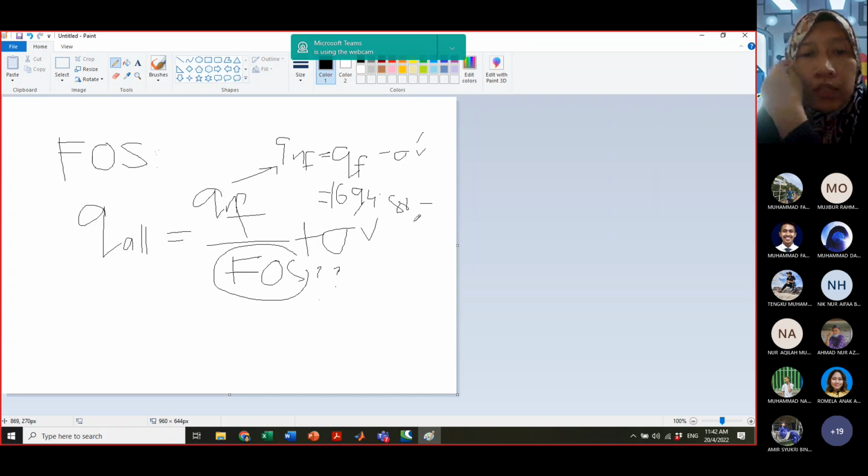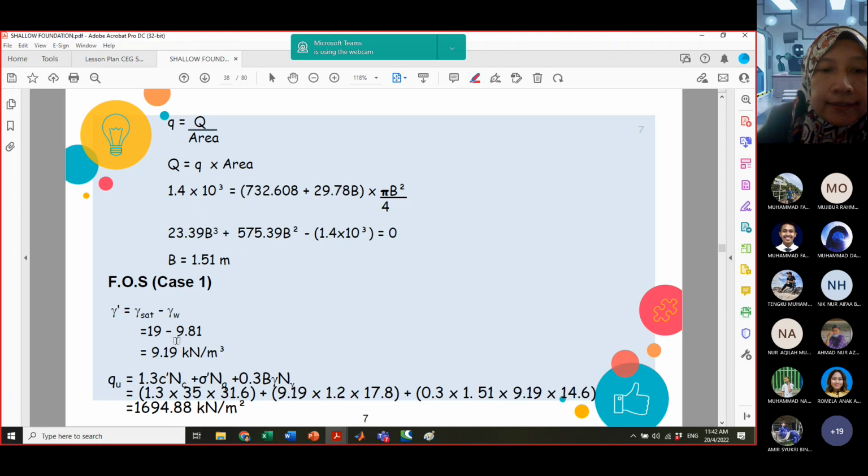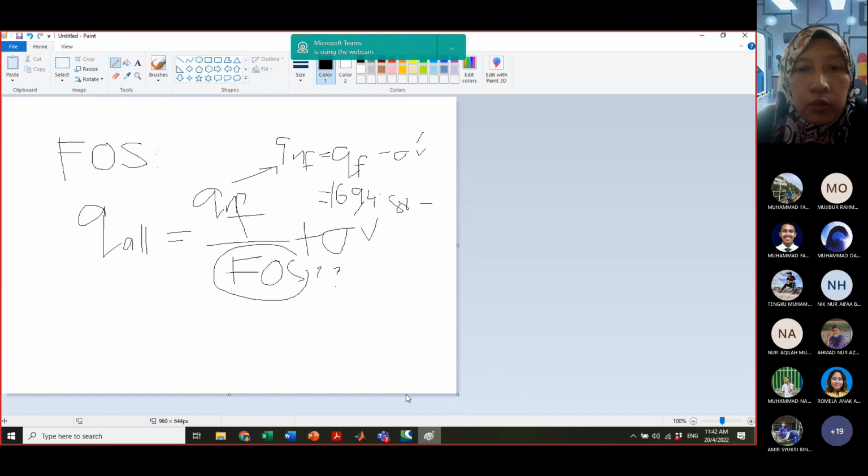So overburden pressure kat sini kita nak ambil case yang mana? Kita still remain the same case lah, yang mana water table at the ground surface. So if you look at this one, dia dah calculate effective unit weight. So you ambil semula 9.19 darab dengan 1.2.